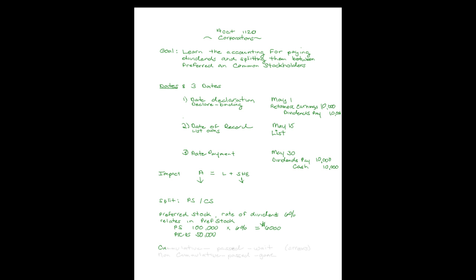It can be cumulative, or it can be non-cumulative. If preferred stock is cumulative, that's a good thing if you're a preferred stockholder, because if the dividend is passed over by the board of directors, they don't have to declare one. Then you're going to get it, but you're going to get it later. You have to wait for it. It accumulates.